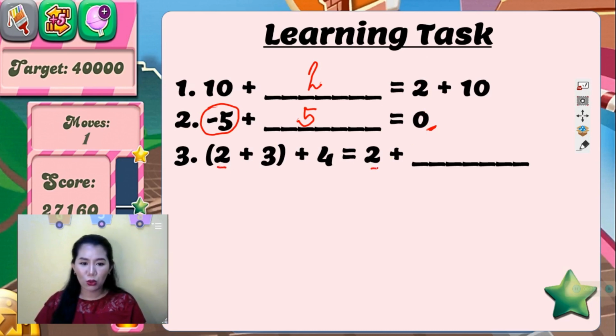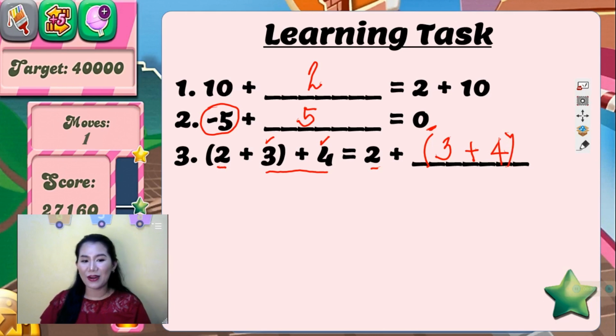So, ang ilalagay natin dito ay 3. Okay, so we're going to put 3. Then, we're going to put 4 also. Okay, gagayahin lang natin ito. Okay, yan. Tapos, lalagyan mo lang siya ng parentheses. So that will be your answer for number 3.